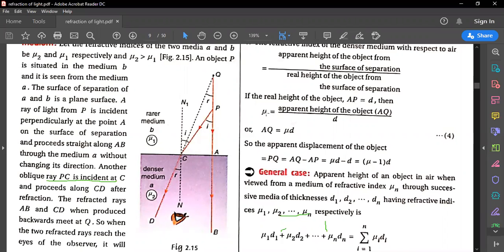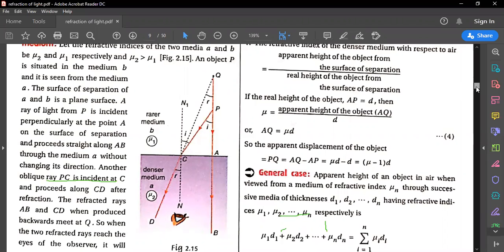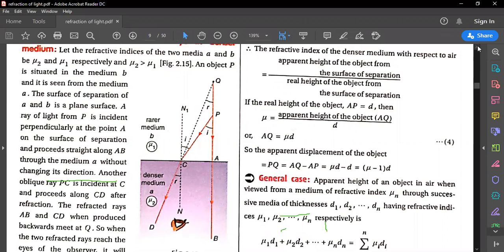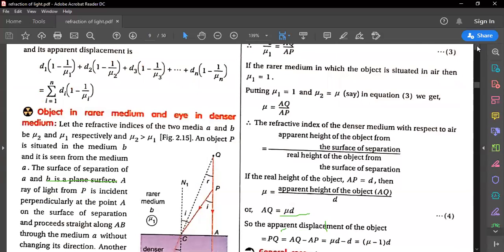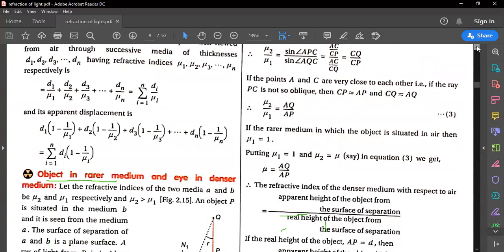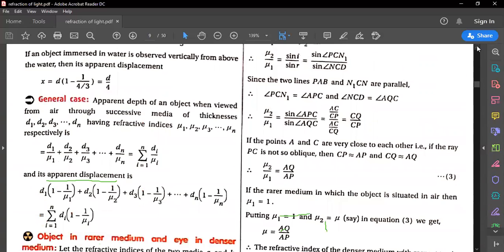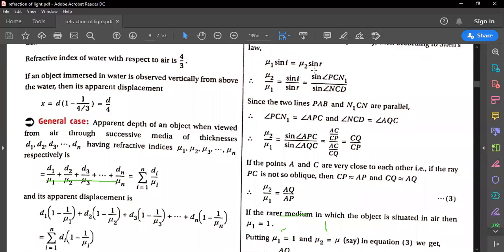What we know from the generalized Snell's law is mu1 sine I is equal to mu2 sine R. So what do you get?